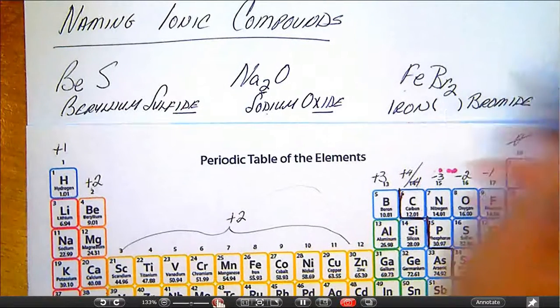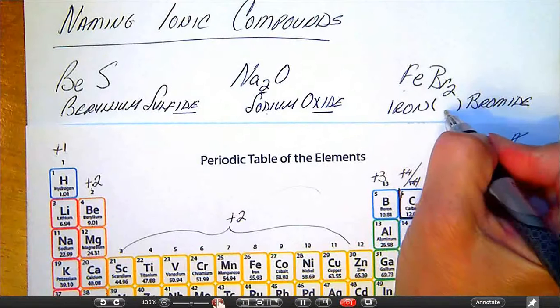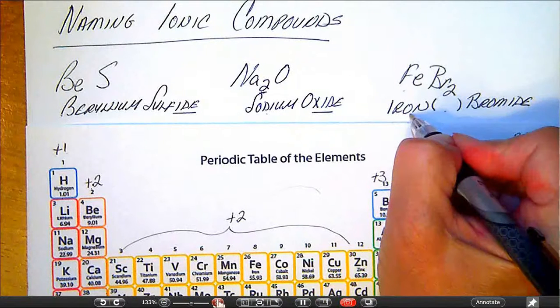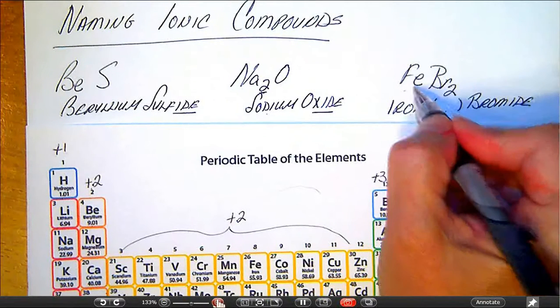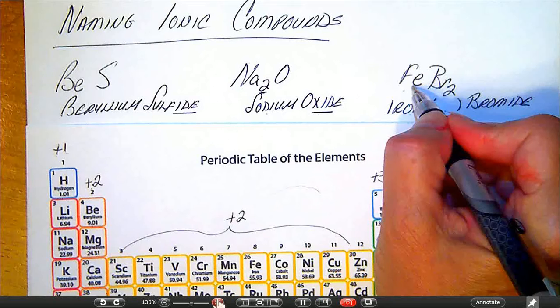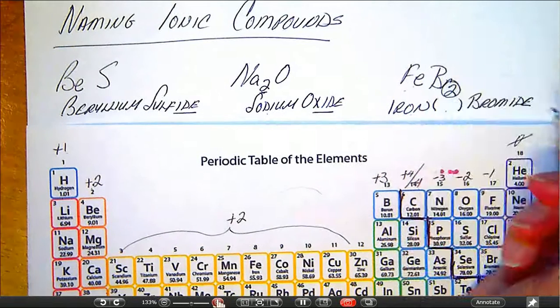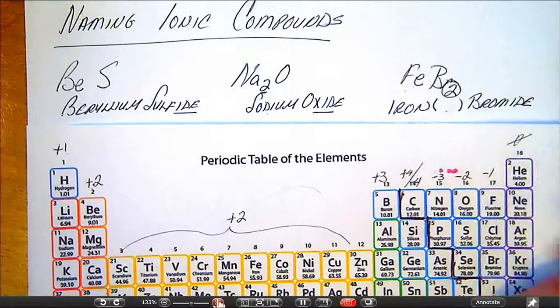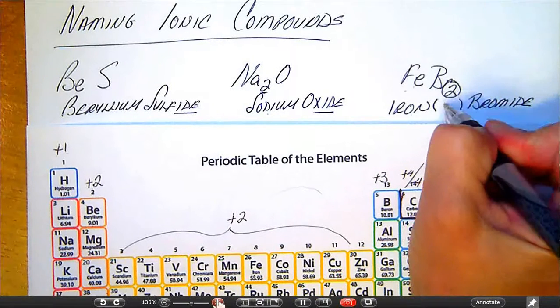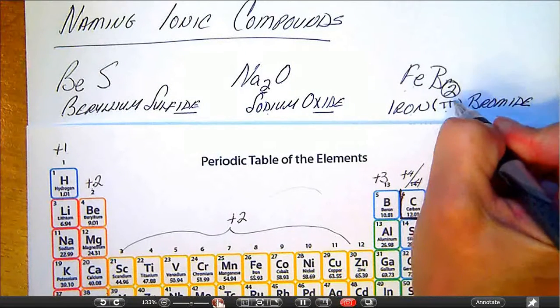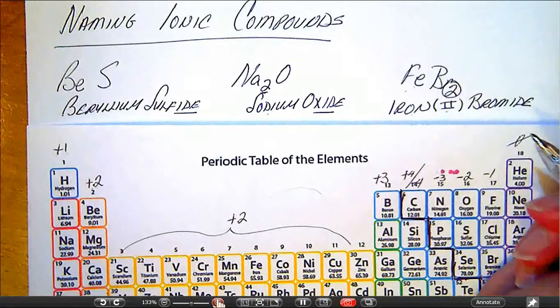Now we need to fill this. This is the oxidation number that goes with iron. Iron's oxidation number is going to be found with bromine because this is the number that was used to balance the charge. 2, Roman numeral 2, iron 2 bromide.